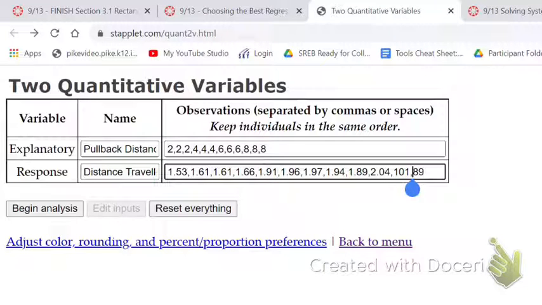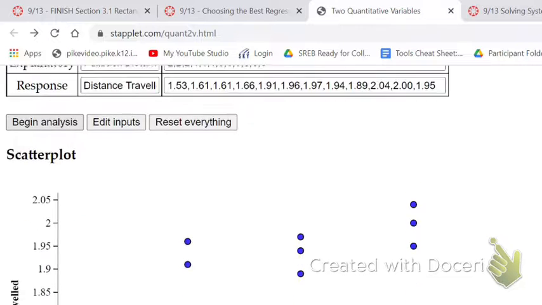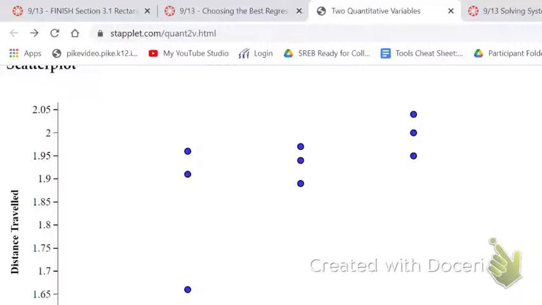Log of 101. 2.00. And log of 89. 1.95. All right, let's see what this looks like. There's our scatter plot.